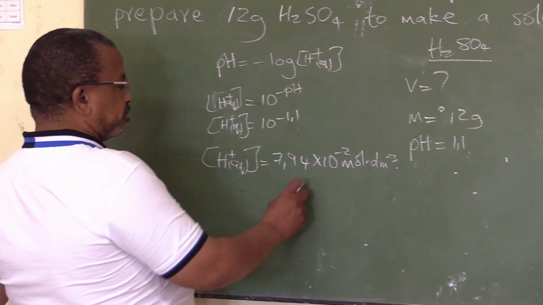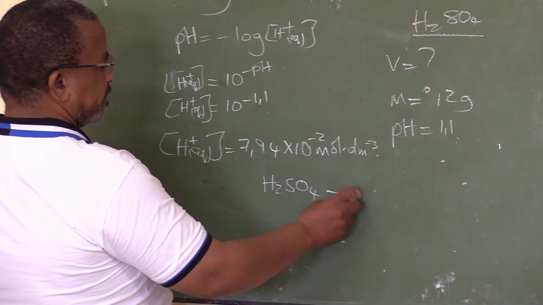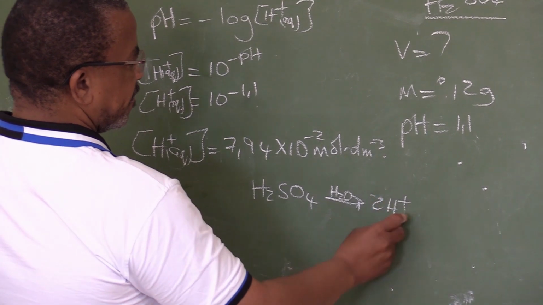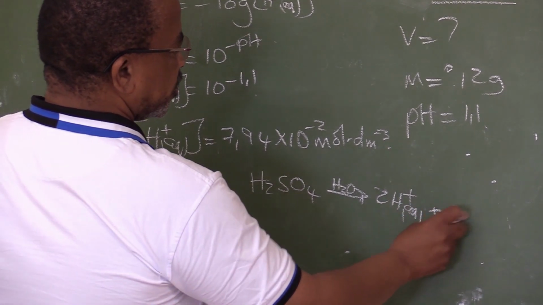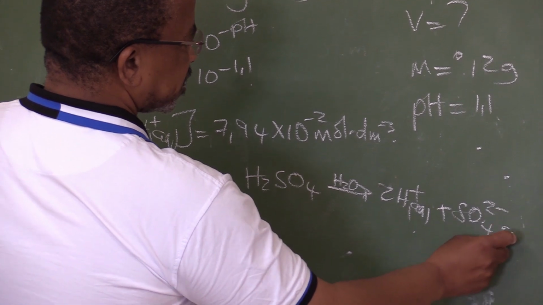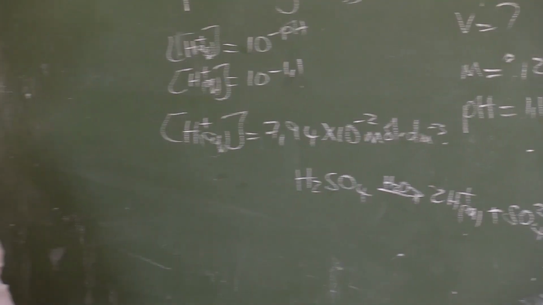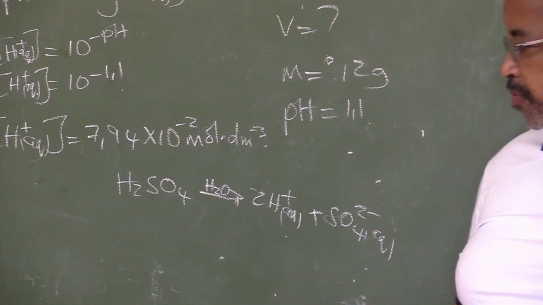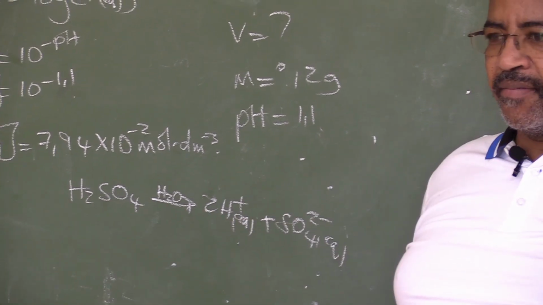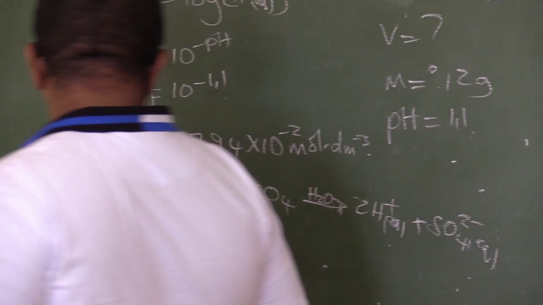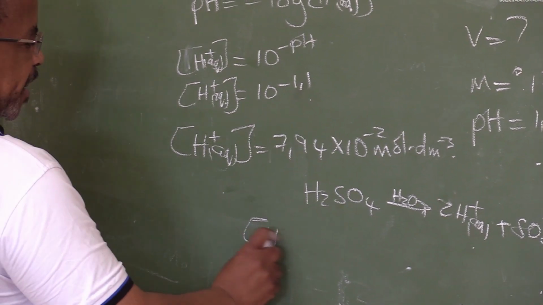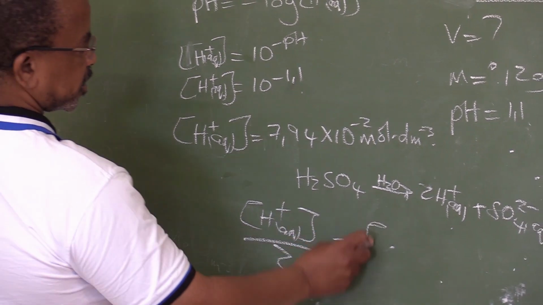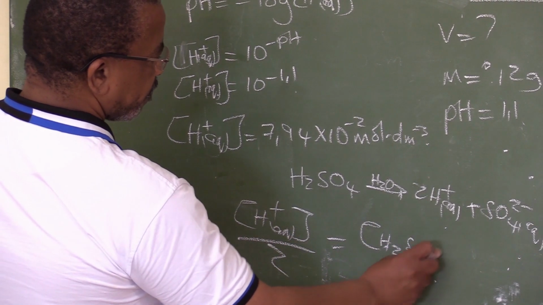Now, sulfuric acid in solution in water gives us 2 H plus and SO4 2 minus aqueous. There you are. It gives us two H plus and one SO4 2 minus. We divide the concentration of H plus aqueous by 2 to get the concentration of H2SO4.